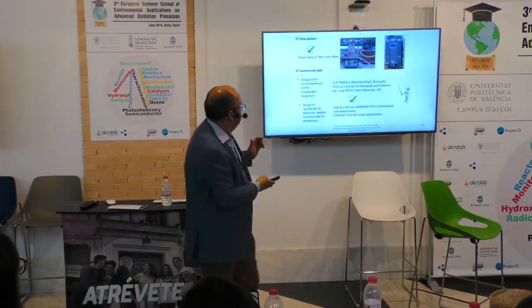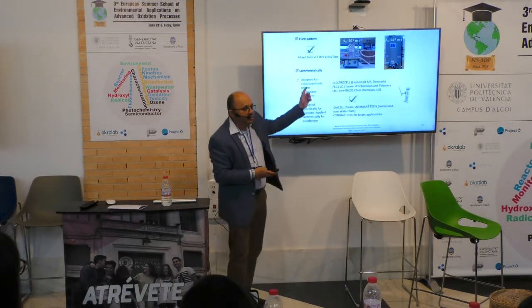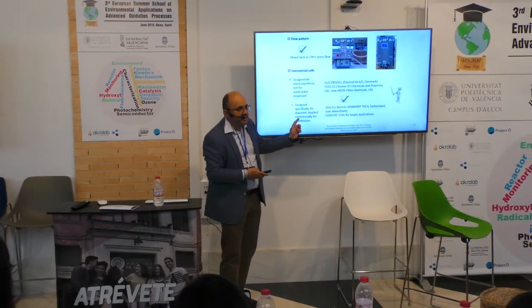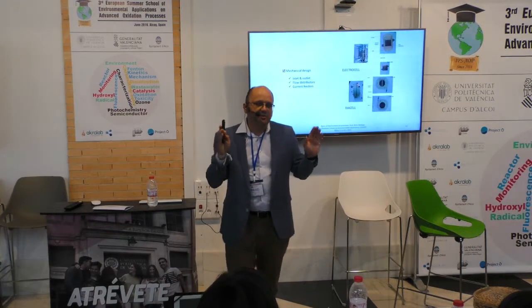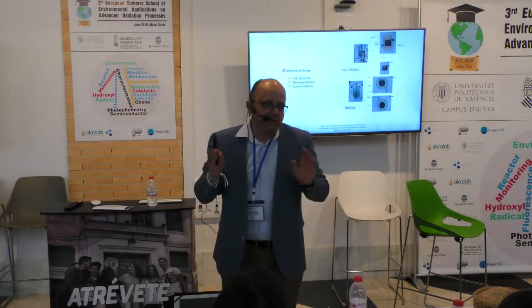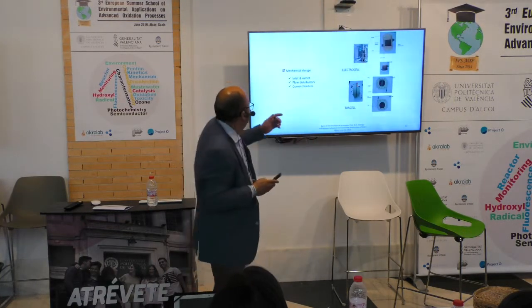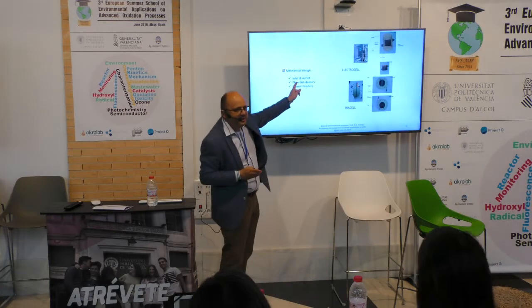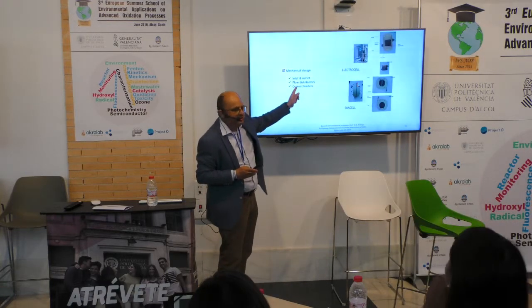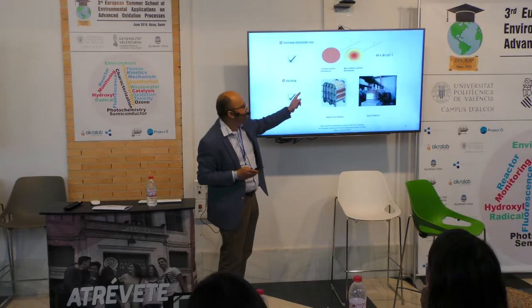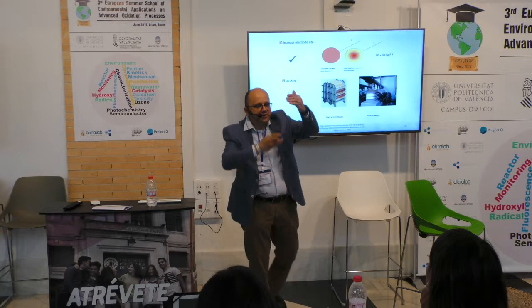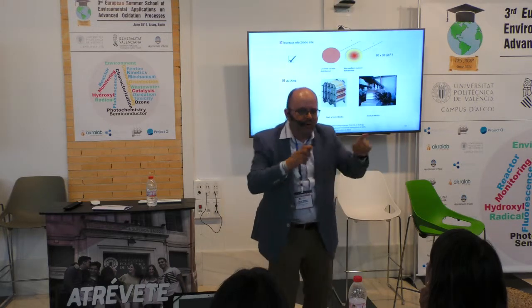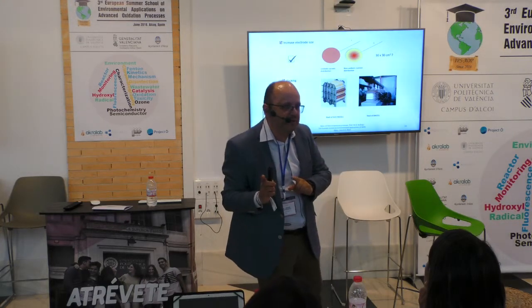Let me tell you, there are many commercial cells in the market, but there are many details that you have to pay attention to. I'm only going to tell you some details about the mechanical design of the inlet and outlet, the flow distributor, the current feeders, about what is a uniform current distribution or a non-uniform current distribution.